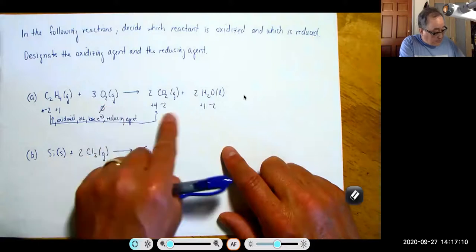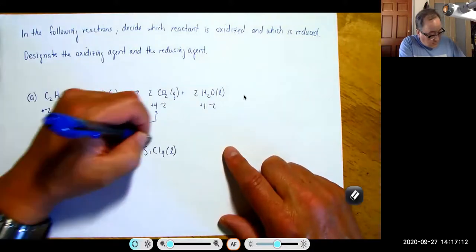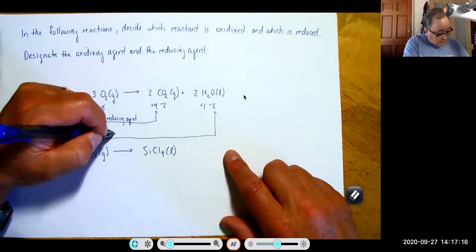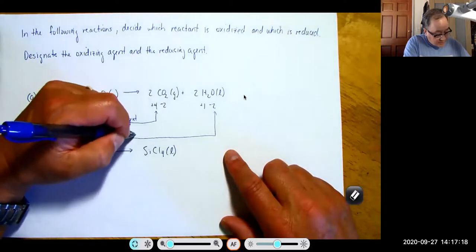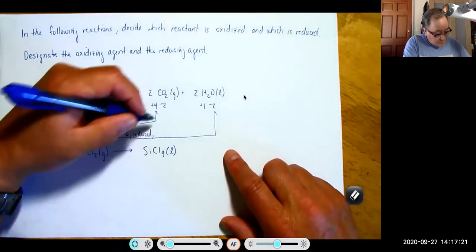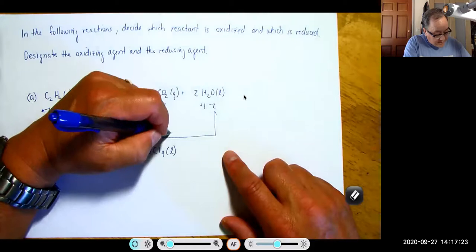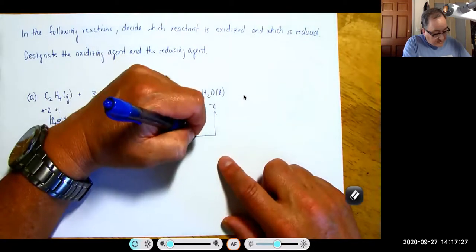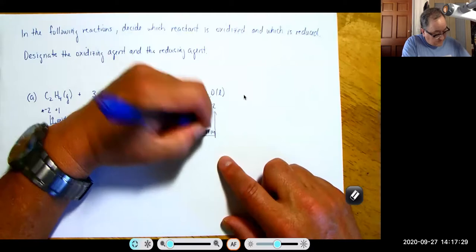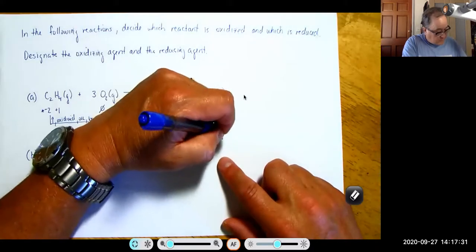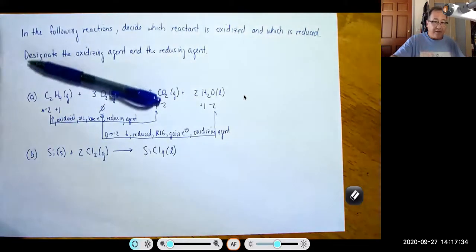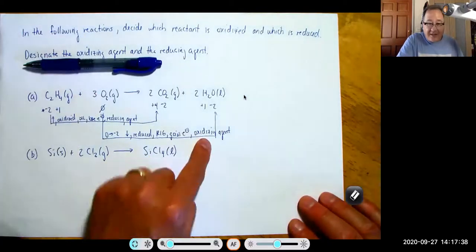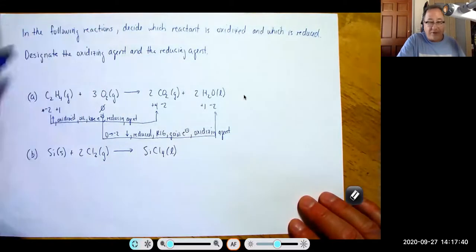It goes from a 0 to a -2, which is a decrease, which means reduced, which means RIG, which means gain electrons, which means it's the oxidizing agent. Wait, drop the pen. Oxygen is an oxidizing agent? Well, lo and behold, it certainly is.